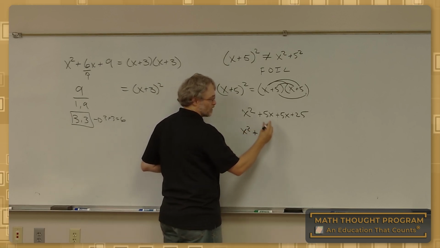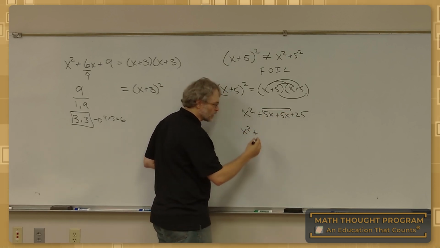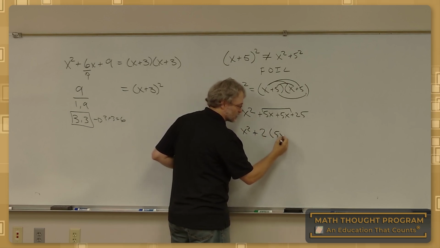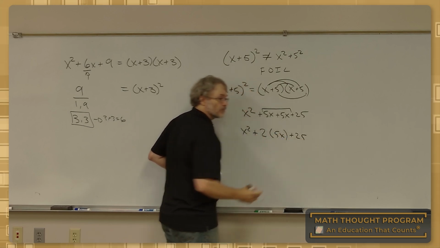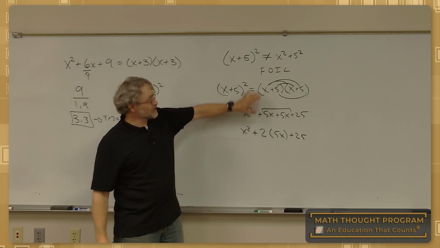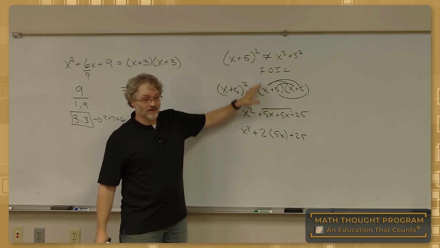I have x squared, and I've got 2 of these, so I'm going to write it a little differently. I'm going to say 2 times 5x. But the main takeaway, first off, is these two things are not the same.